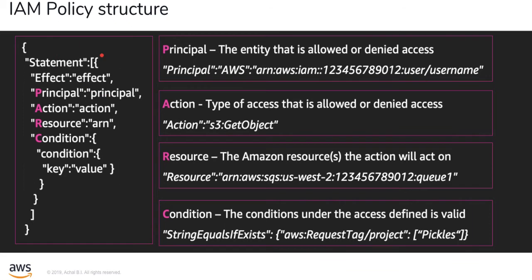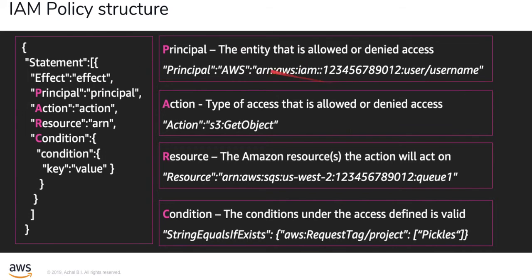So this is the policy structure. It will have a statement, and an effect that says what has to be allowed and what has to be denied. Principal has the entity details.